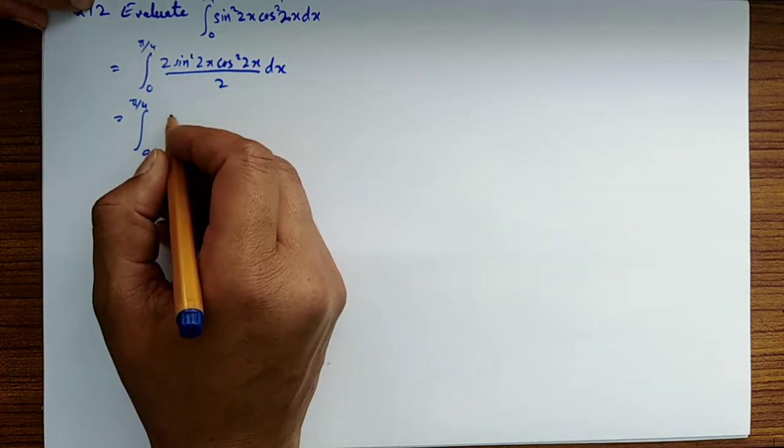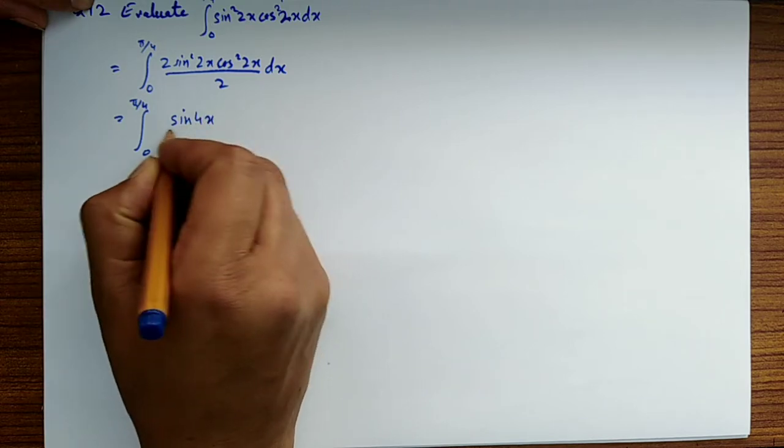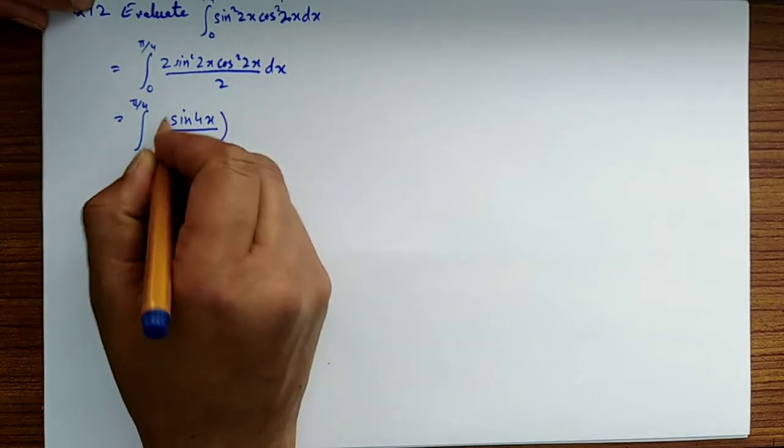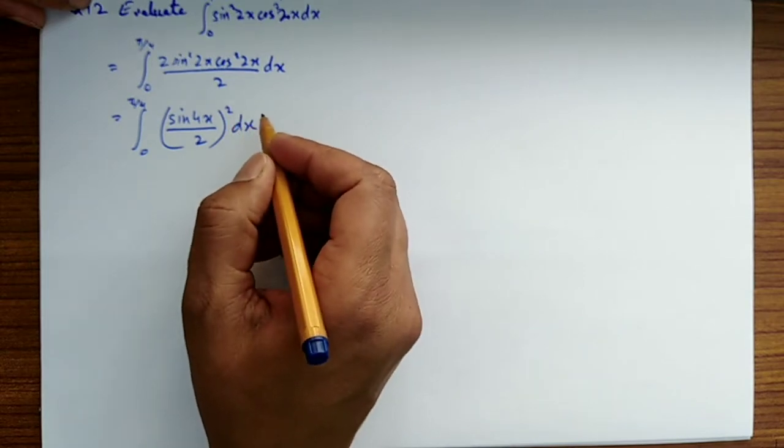We can write this condition in the form sine 4x upon 2 whole square dx, right?